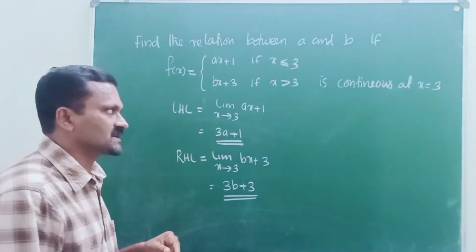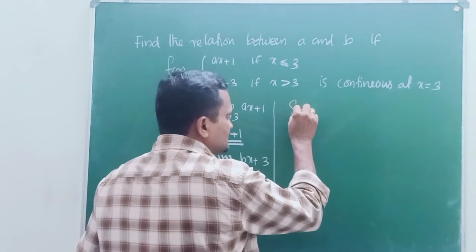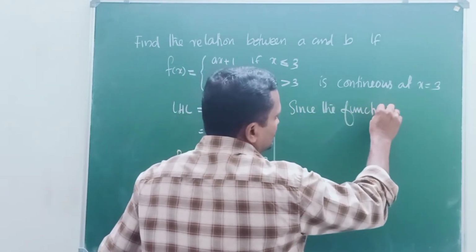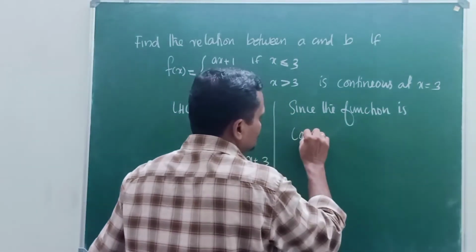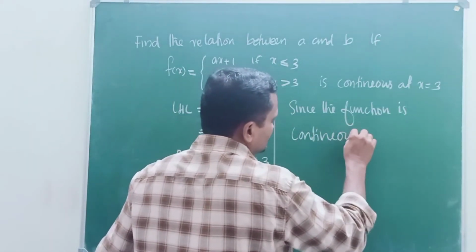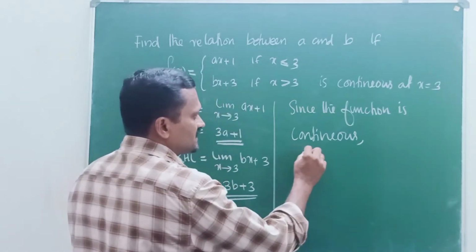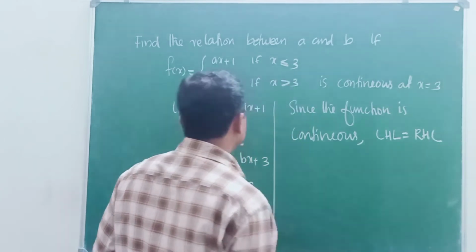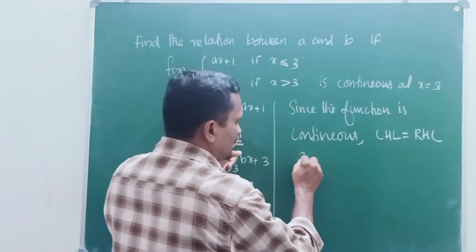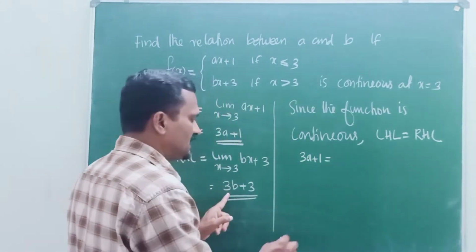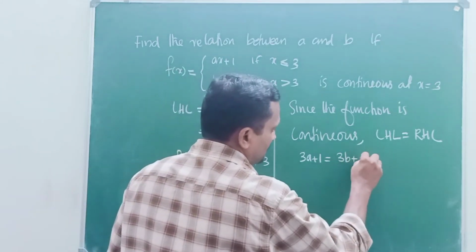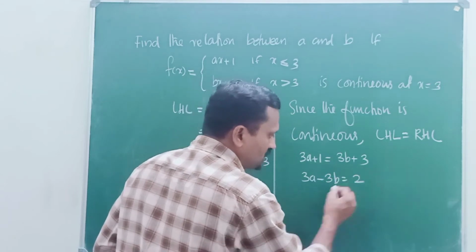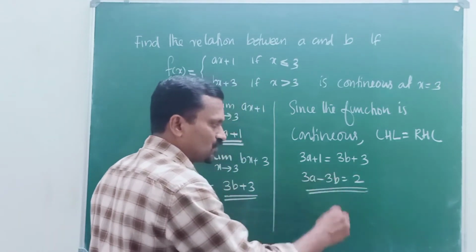Since the function is continuous, then LHL equal to RHL, that is 3a plus 1 equal to 3b plus 3. So 3a minus 3b equal to 2, which is the required condition.